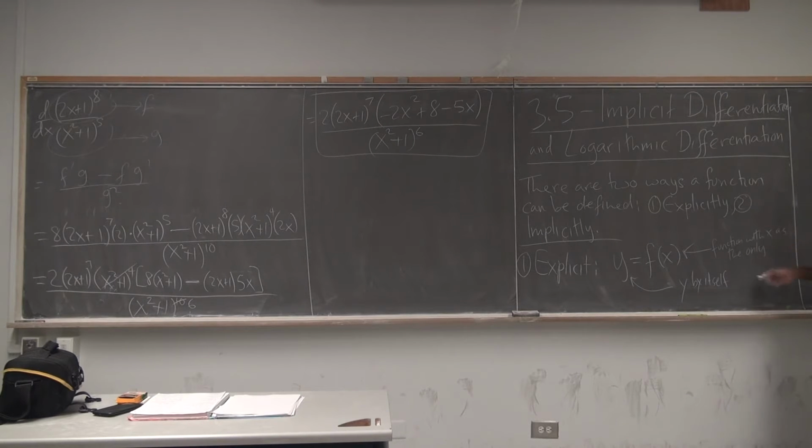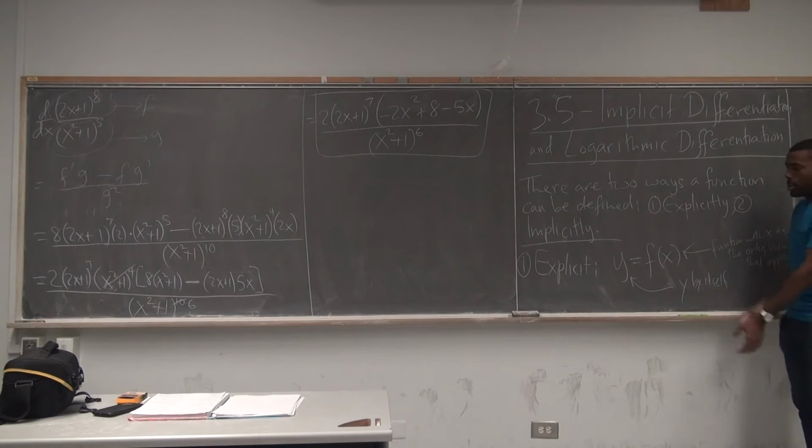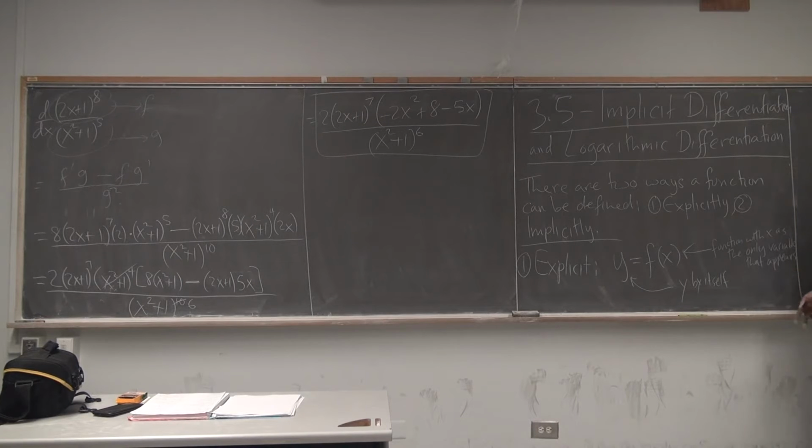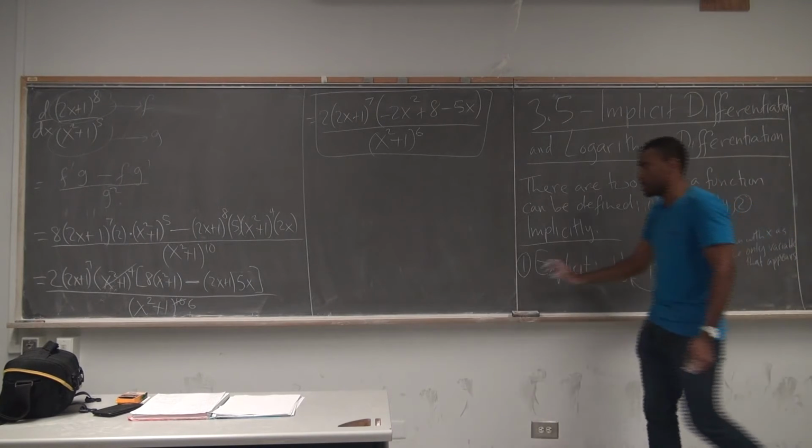Or it could be a constant function. But if a variable appears, it would be only x. So these are the ones we actually know how to deal with. Based on what f looks like, I know how to find a derivative, so that's not a problem. The explicit case is what we've been dealing with the whole time.